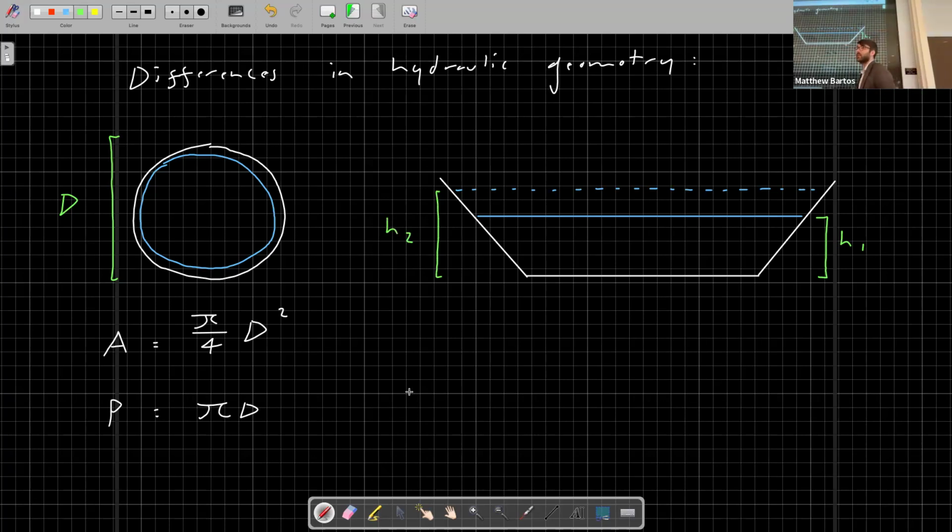You'll notice that both of these expressions for our hydraulic geometries will change with respect to the height of the water in the channel. So the cross-sectional area in general will be some function f of h. I'll get into how to specify these functions later, but they come from geometry. Similarly, the wetted perimeter will be some other function, which I'll call g of h.